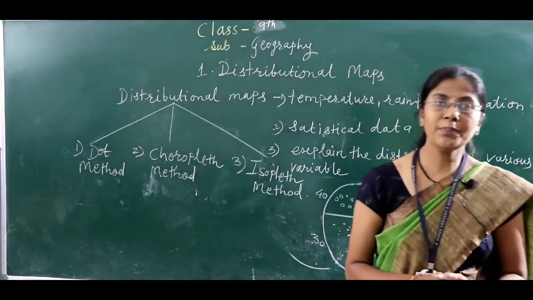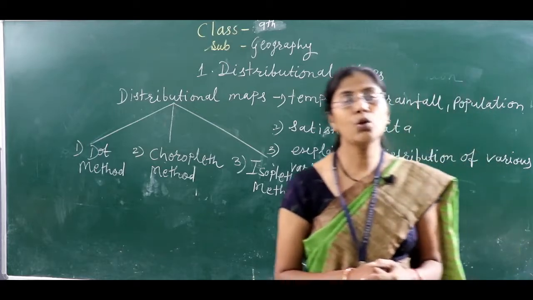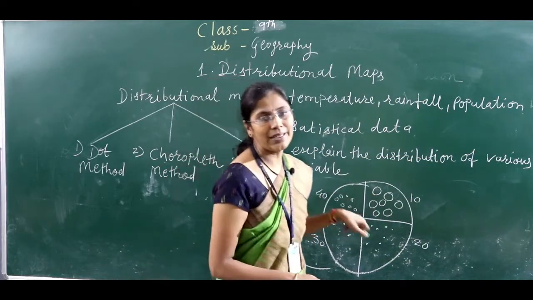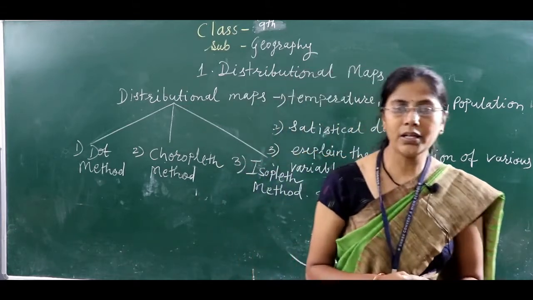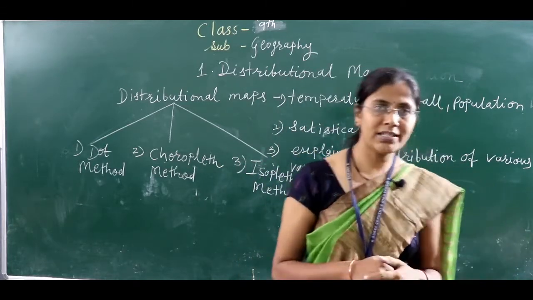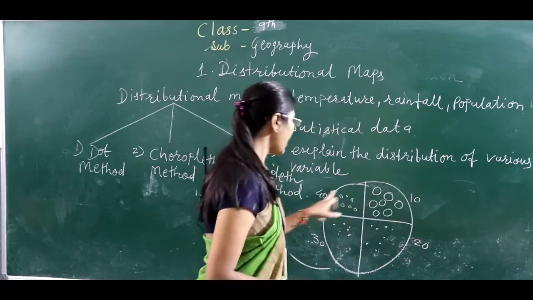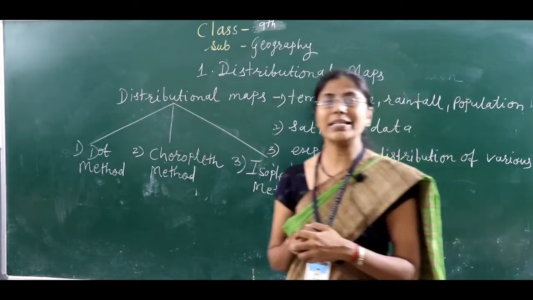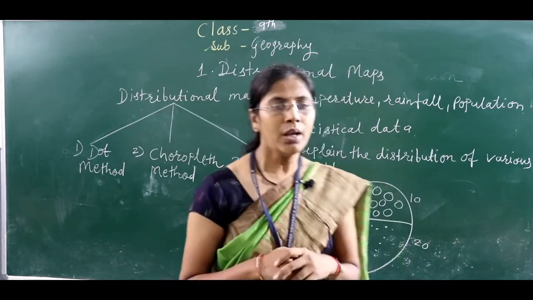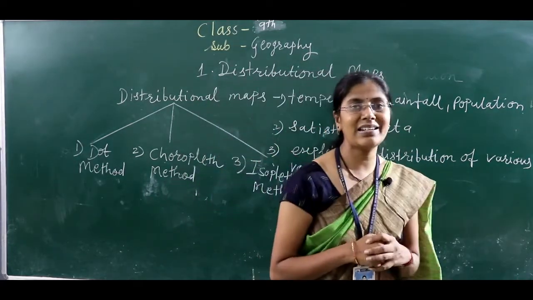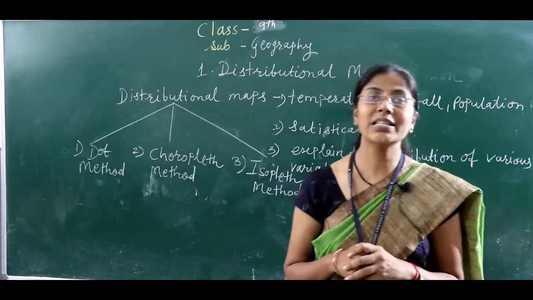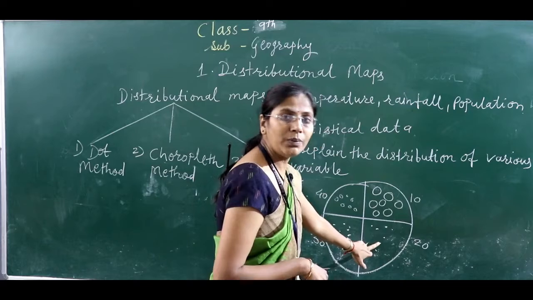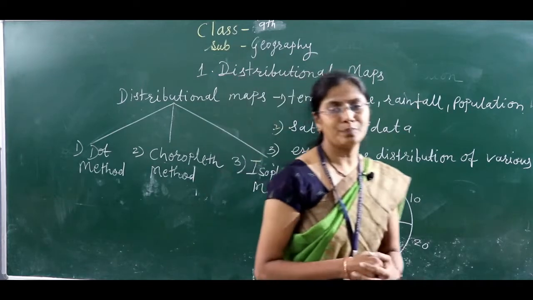To show the distribution by dot method, the lowest and the highest values of the given variable in a region are taken into consideration. The value of the dot is determined by taking into consideration the size of the dot, the density of the dots, and the scale of the map.